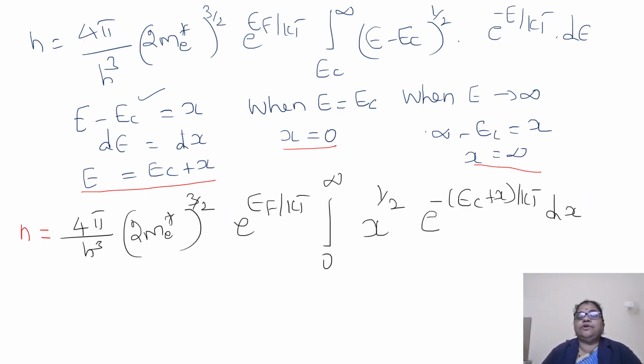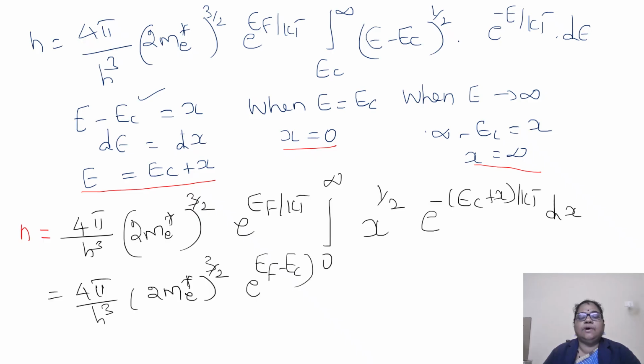With that expression, e to the power minus Ec by kT is not dependent on x. That's why we can take it outside. So 4 pi by h cube, multiplied by (2m e star) to the power 3 by 2, into e to the power (Ef minus Ec) by kT. So we have an integral from 0 to infinity of x to the power half and e to the power minus x by kT into dx.